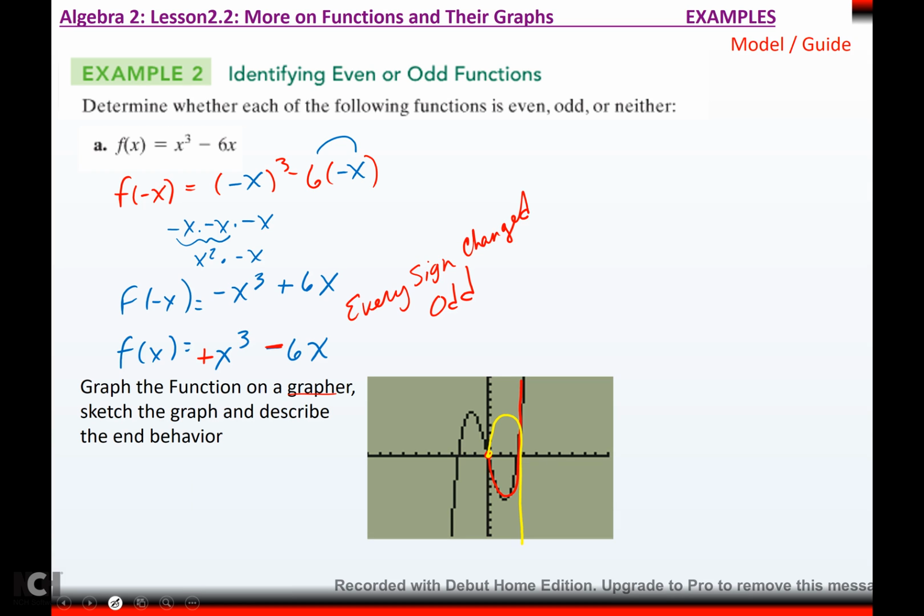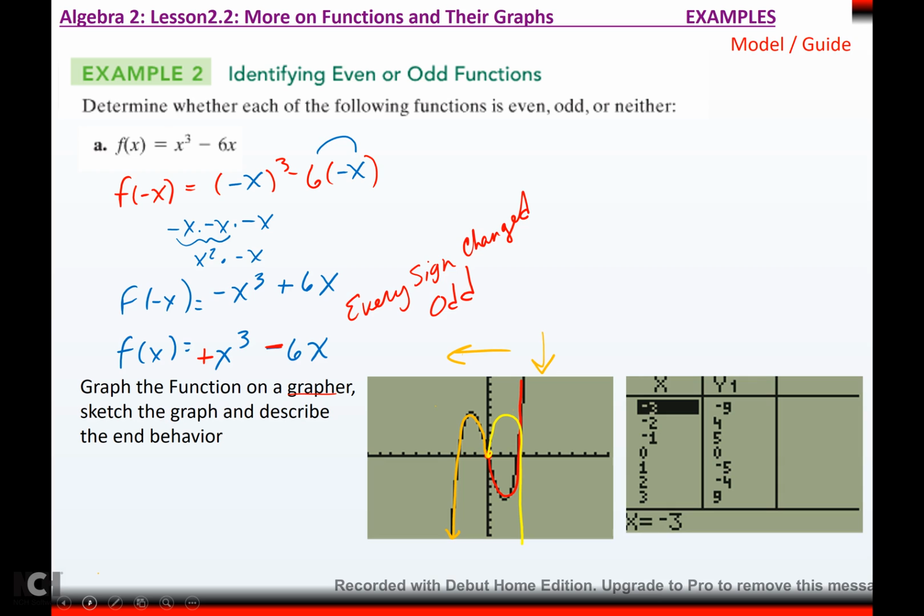And then if I take that and reflect it this way over the y-axis, it would look like this. So after my double reflection, in other words, I took half of the graph, flipped it upside down, and then flipped it over, if you have to flip twice, down and over, then the function is odd.